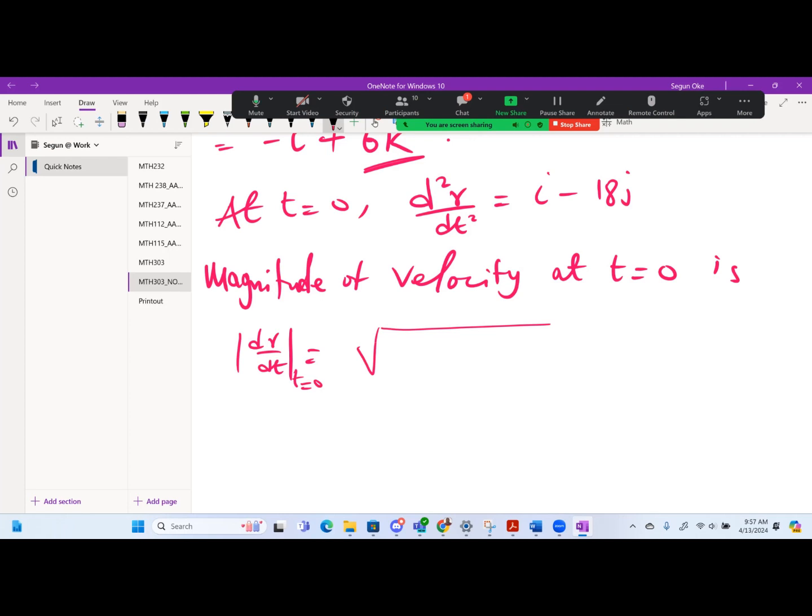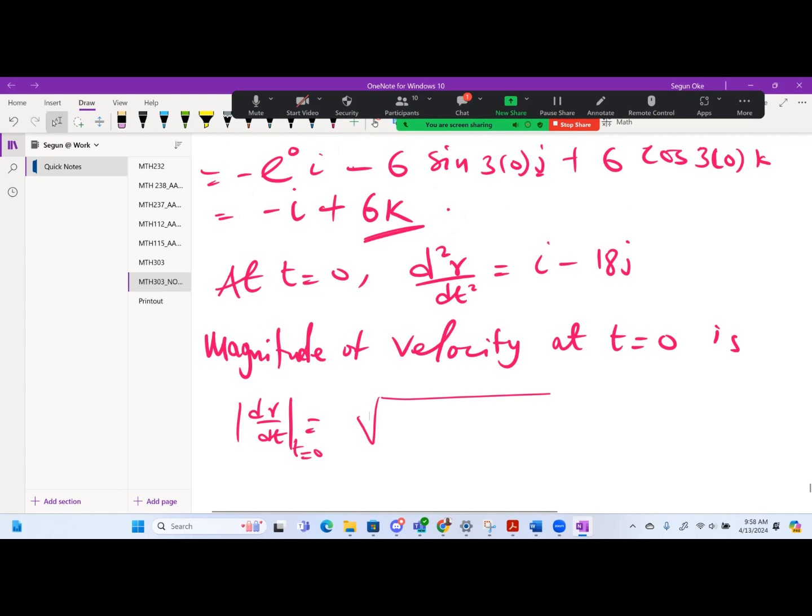What do we have to calculate? We have to calculate the magnitude of velocity, sir. What is the formula for magnitude?